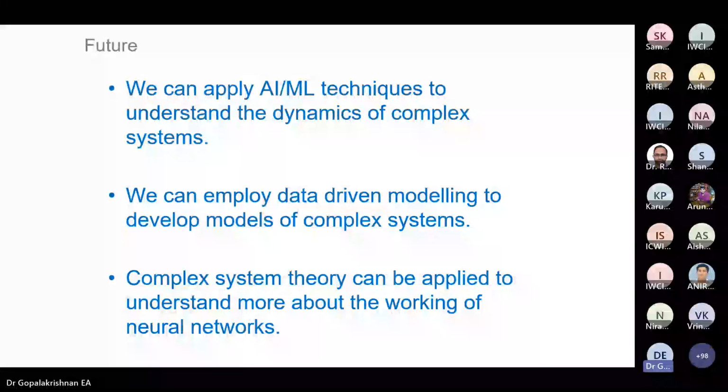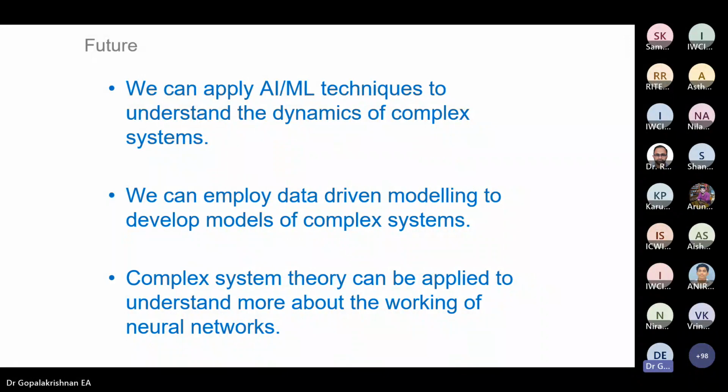And what is the future of complex system research? Many AI/ML techniques are now being used to understand the dynamics, and many are employing data-driven modeling techniques, because you have data, and then can you arrive at the model? Many of them are doing that. You can also use complex system theory to understand the working of neural networks, how a deep learning network is learning something.